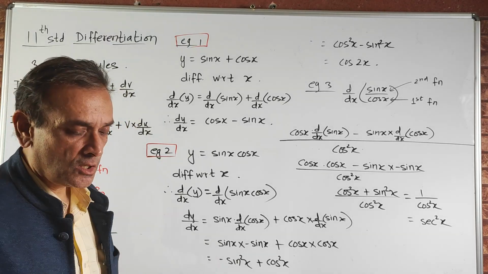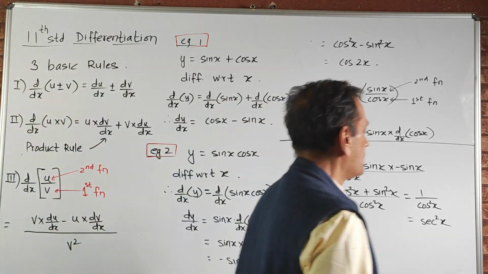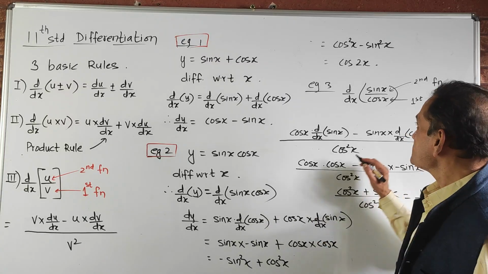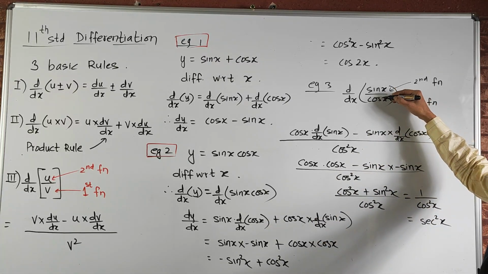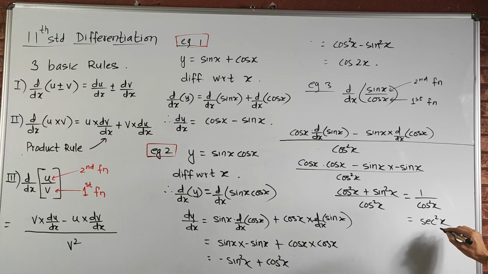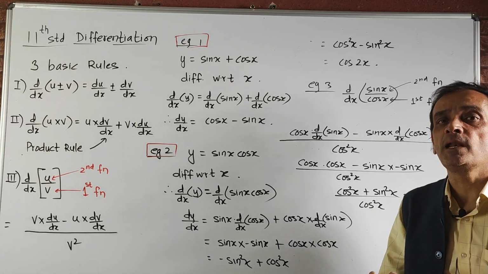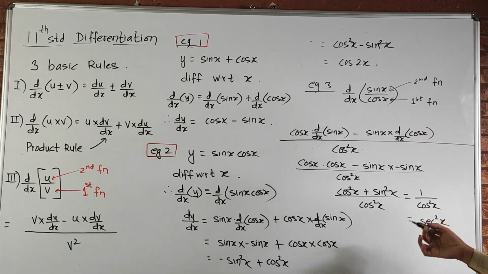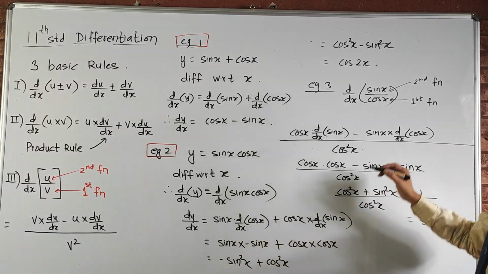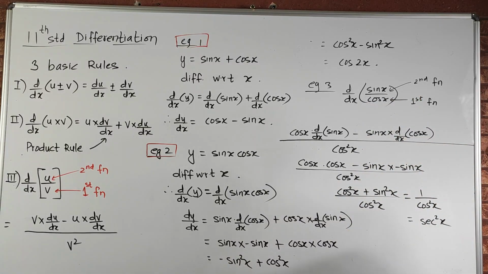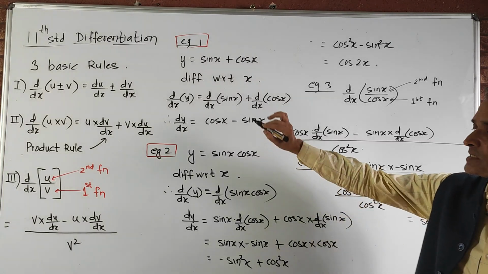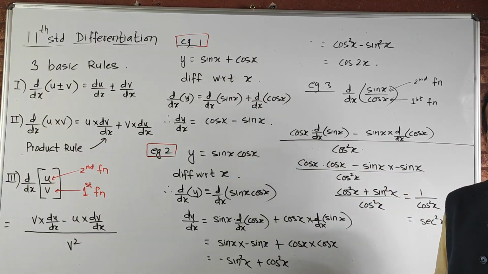So in short, what have we proved? Sin x upon cos x is tan x, d by dx of tan x is sec squared x, which is one more formula, okay. So in short we have proved that formula, d by dx of tan x is sec squared x, ये formula prove किया with the help of this example, okay. So these are the three basic rules.